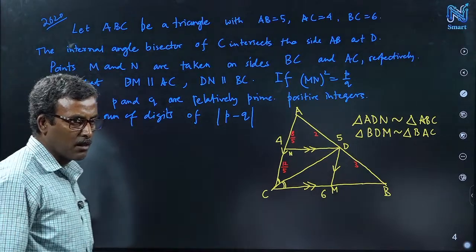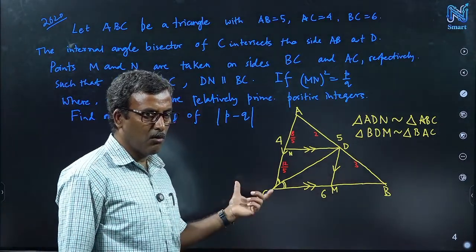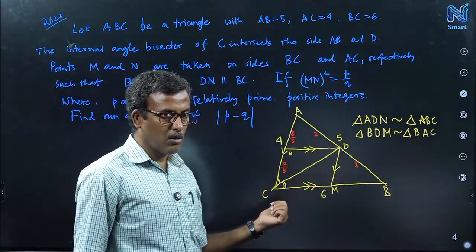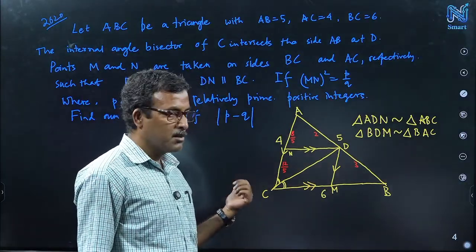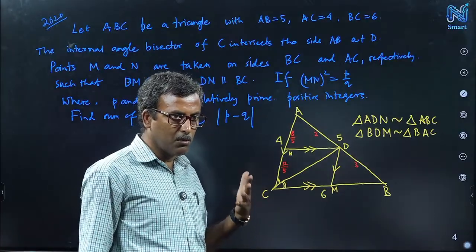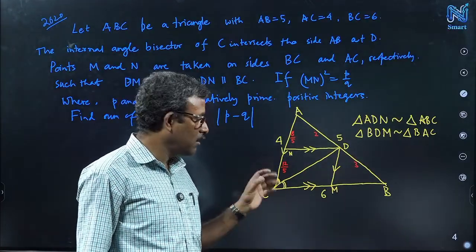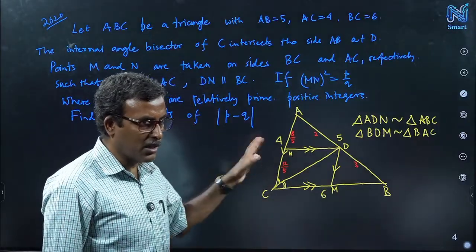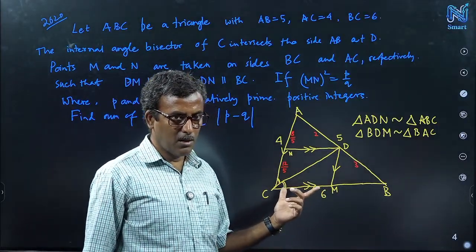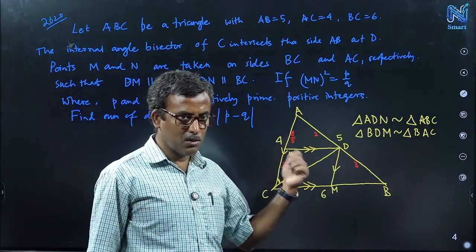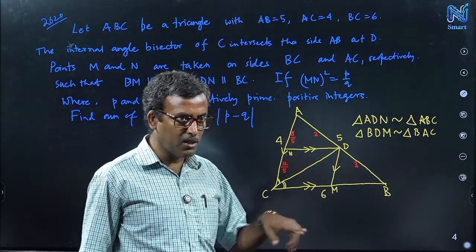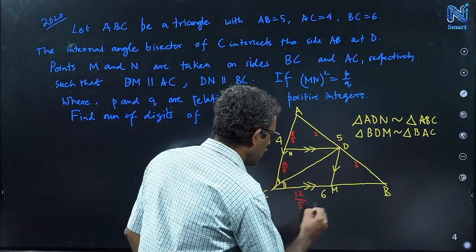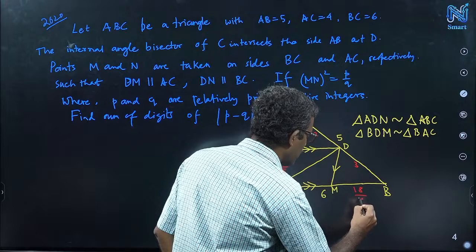Something by 5, something by 5. Total is 30 by 5. So 6 into 2 and 6 into 3, that is 12 and 18. So it is 12 by 5, and this is 18 by 5, right?